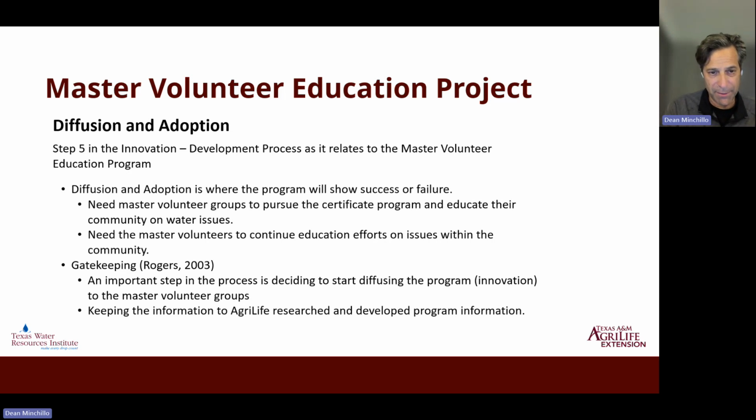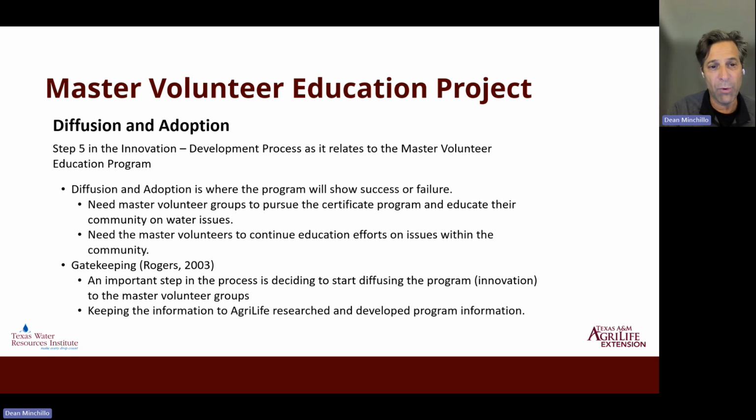With several thousand master volunteers throughout the state that are all required to do education and are all looking to do more things in their community, if just a fraction of them pick up this program as one of their specialties and continue to educate on watershed and water quality issues throughout the state, then we'll be able to diffuse more of that information into the community and affect change much more rapidly.